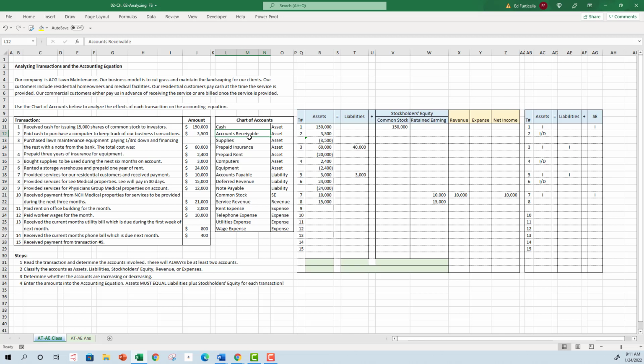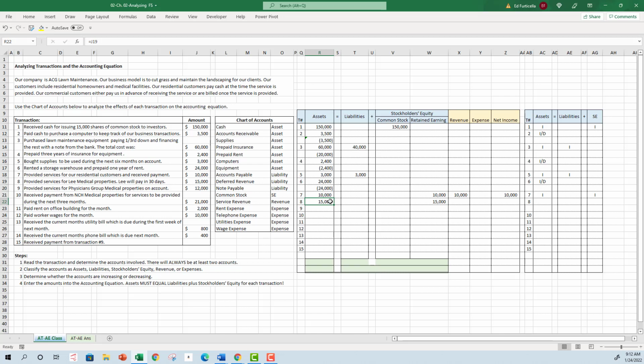Accounts receivable then is always an asset, and it's increasing at the time we provide the service. So in our accounting equation, assets will go up because of accounts receivable. Stockholders' equity will go up, and it will go up in the column retained earnings.